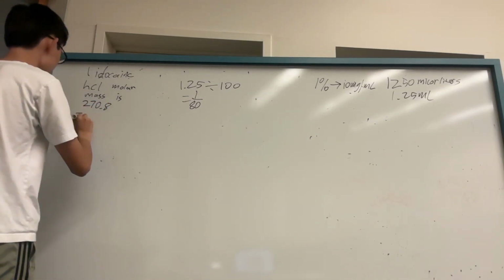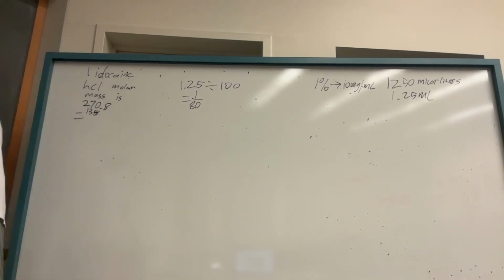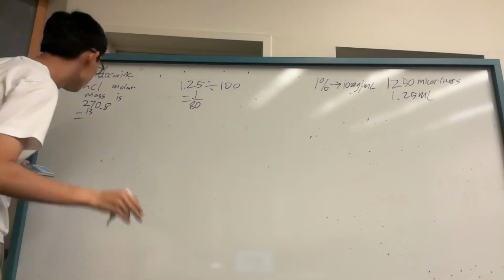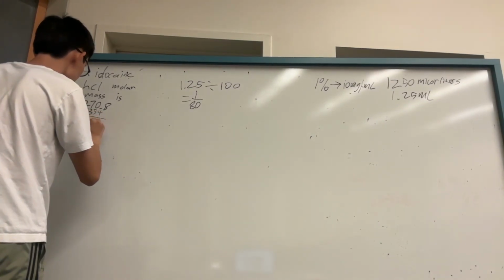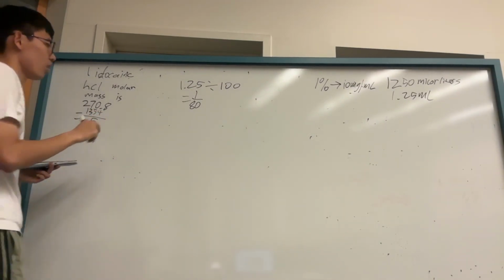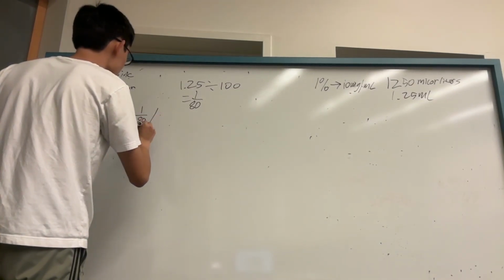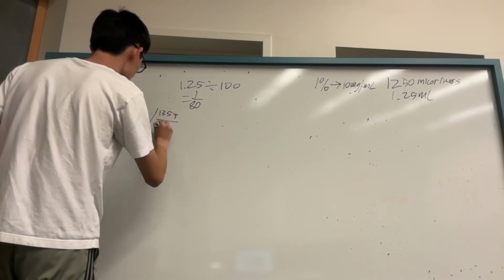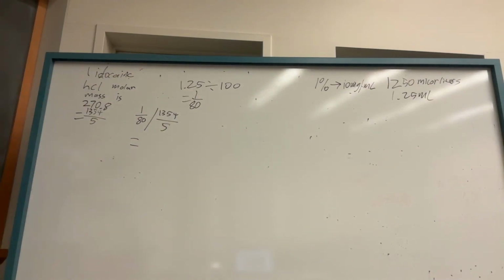And this is the same fraction as... So we do 1/80 divided by... And does anyone know how to do this?